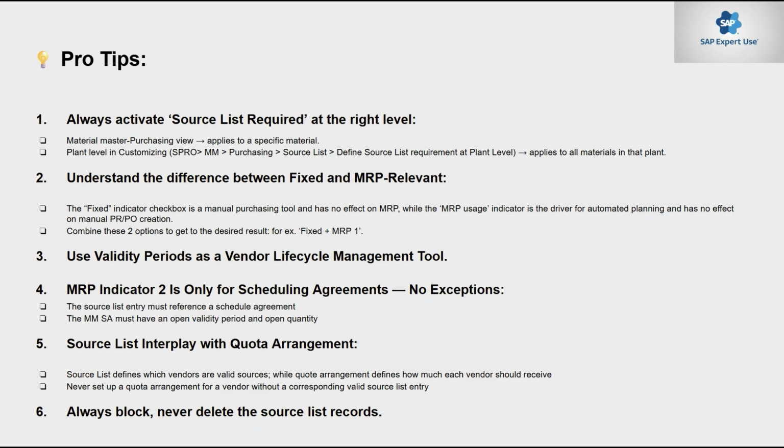On the other hand, you should avoid deleting the source list records in production because records disappear, so there is no audit trail. Change history is lost with that record.